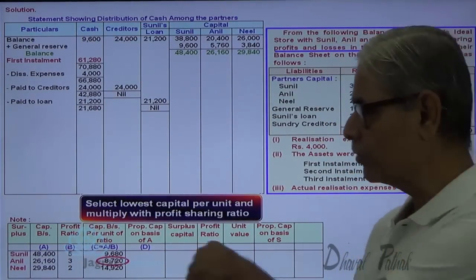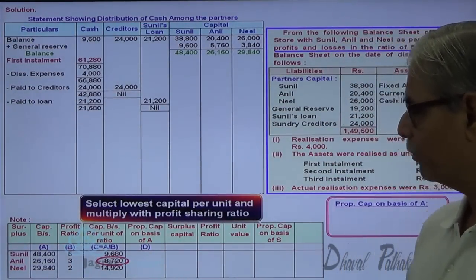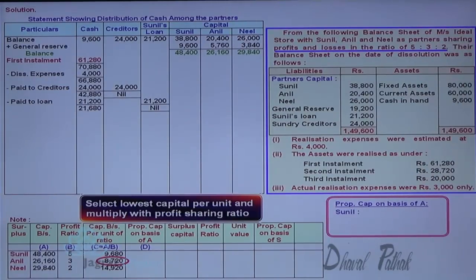So this is the lowest one. Multiply that with 5. So Sunil is required to maintain 43,600 capital, which is in proportion to the capital of Anil.